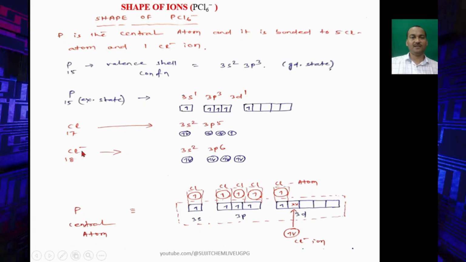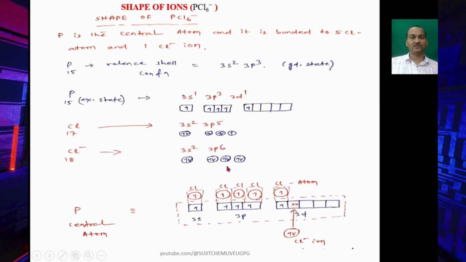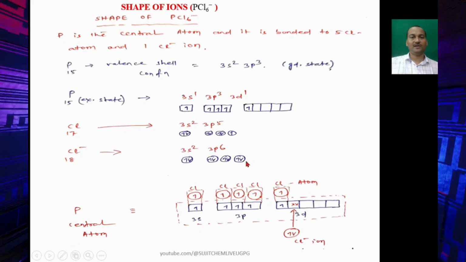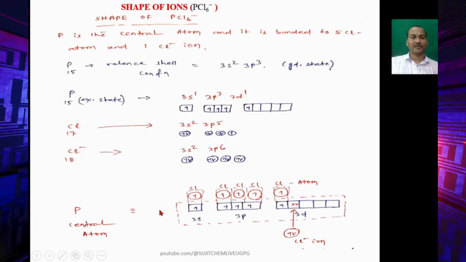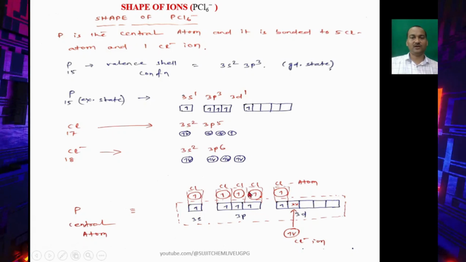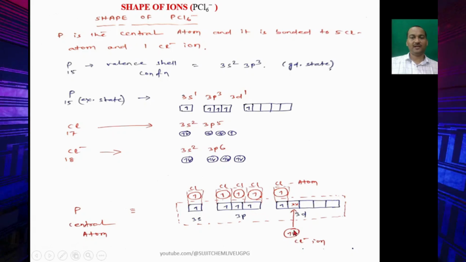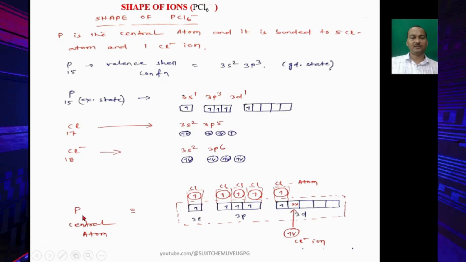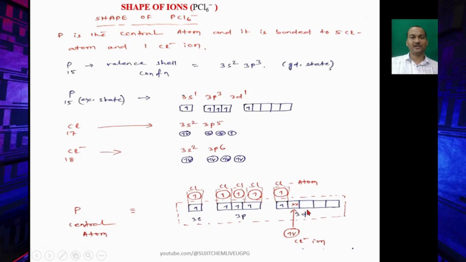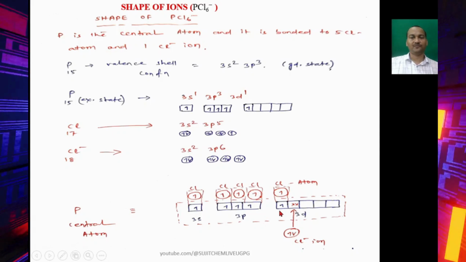And in case of Cl minus, it will be 18. So 3s2 3p6. So all the orbitals are fulfilled. So here we have 5 chlorine atoms, which have one unpaired electron, and this Cl minus has a pair of electrons. And the phosphorus central atom, this is the configuration in excited state, 3s1 3p3 and 3d1.